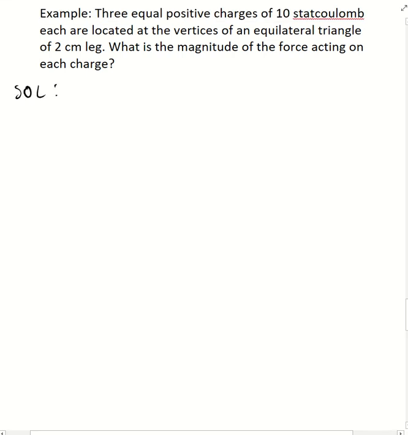three-dimensional vector analysis in this example because the charges are located at the vertices of an equilateral triangle. So what does this mean? We can just use a two-dimensional XY plane to plot these three charges, and determine the magnitude of the force acting on each charge.